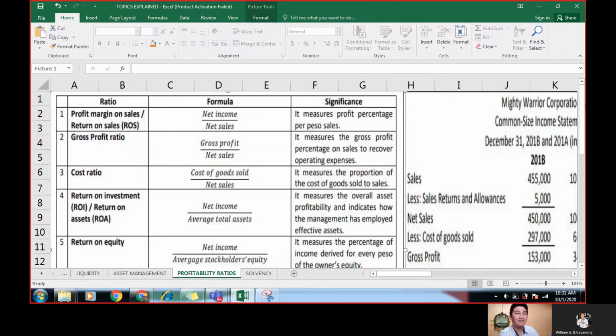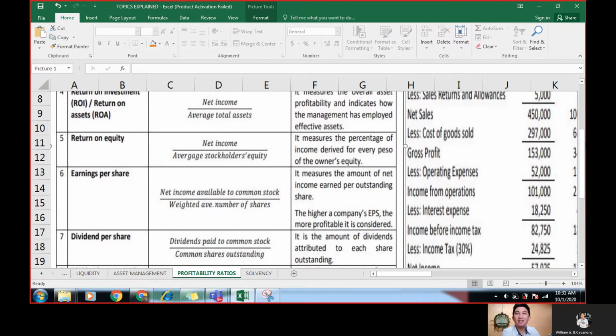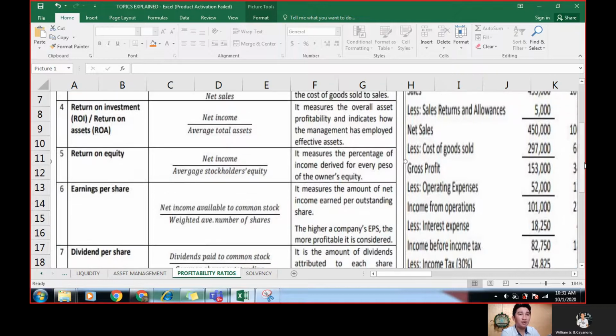Next is the return on investment, or return on assets. It is measured through your net income divided by your average total assets. It measures the overall asset profitability and indicates how effectively management has employed the assets. By utilizing your total assets, how much income did you generate?